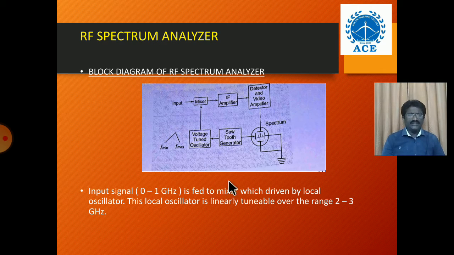This is called the heterodyne type of RF spectrum analyzer. Your input signal, 0 to 1 gigahertz, is fed to the mixer, which is driven by the local oscillator. This local oscillator is linearly tunable over the range 2 to 3 gigahertz.